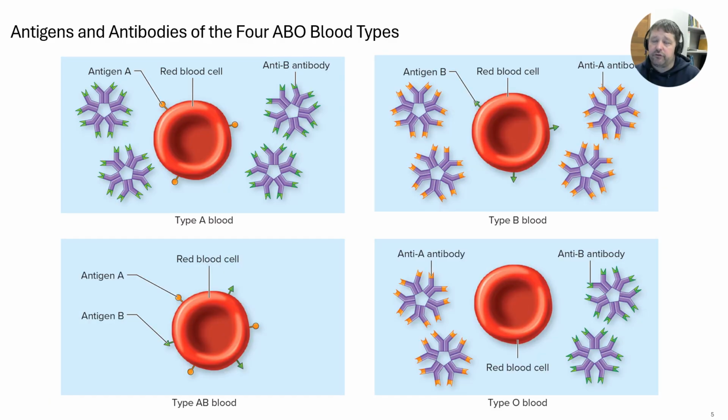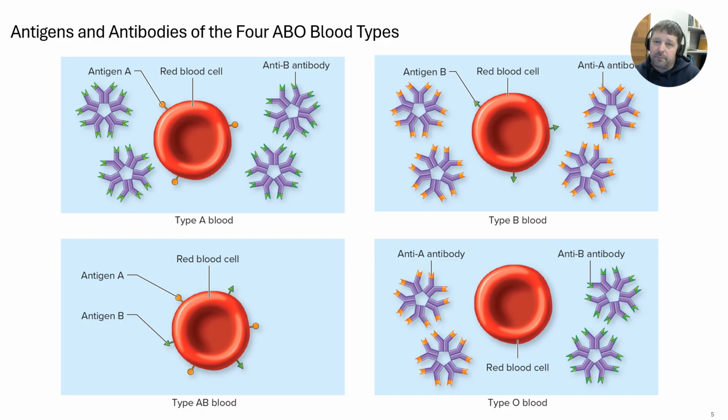So let's look at just the four blood types and what they mean. Again, like I said before, if you have type A blood, you have anti-B, or B antibodies. You have all these little antibodies, which are immune functions, floating around in the plasma that can attach to the antigen B. This blood type is fine because these antibodies aren't going to attach to it.